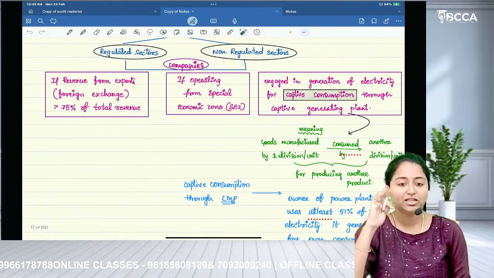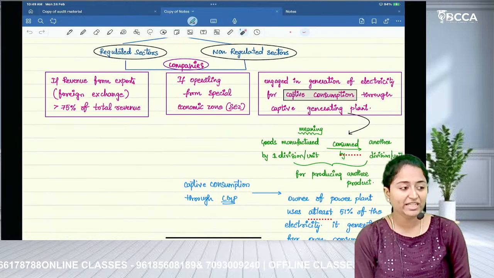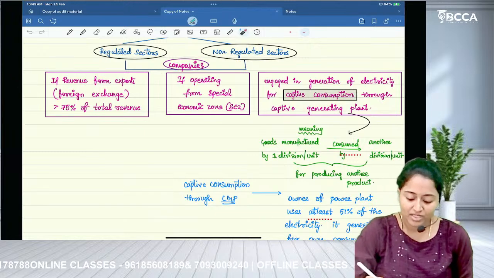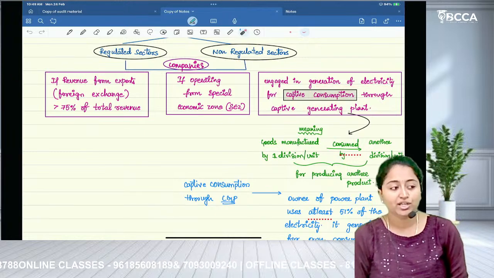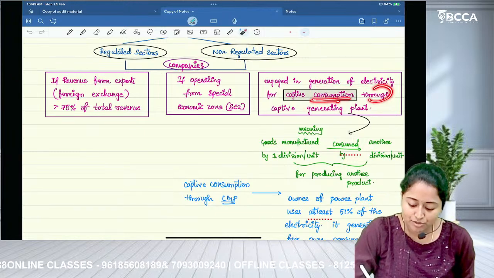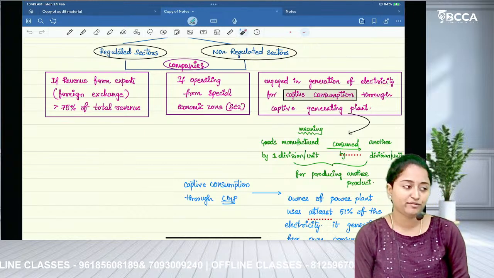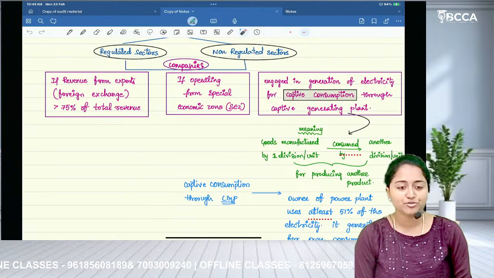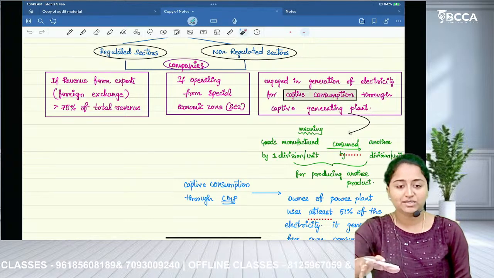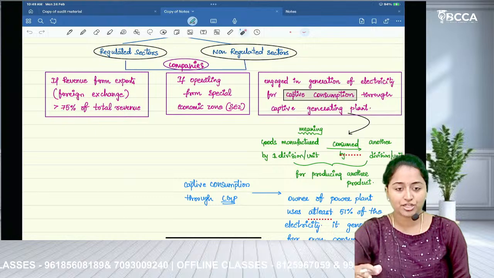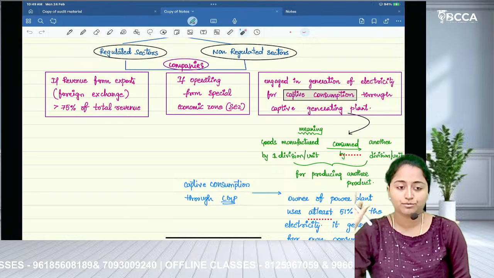And next, the third exemption is, if any company is engaged in generation of electricity for captive consumption through a captive generating plant. What is captive consumption? Captive consumption means whatever production is being done, more than 51% of it is self-consumed.